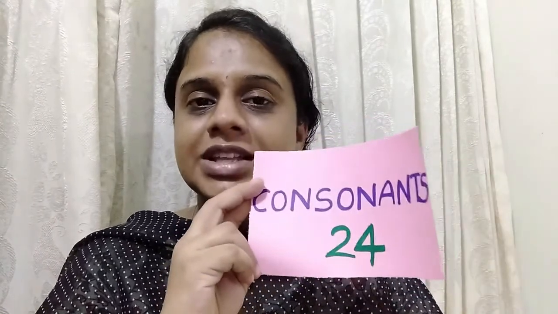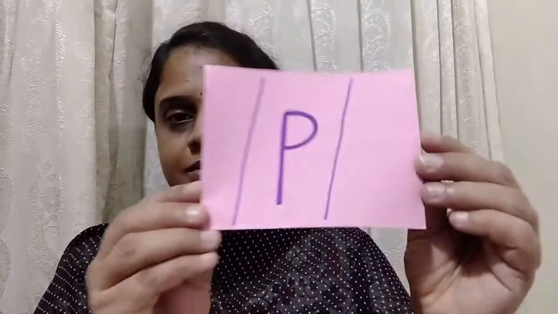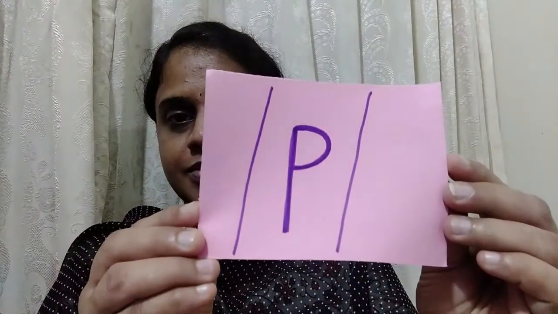So altogether there are 24 consonants. P, as in the word pen. Sap, sip, pain, and so on. P.